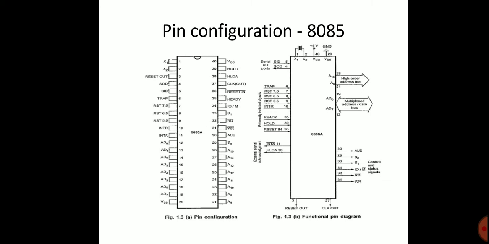Tri-states the data bus, address bus and control buses. Affects the content of the processor's internal registers randomly. And the reset out signal, an active high signal, indicates the processor is being reset. This signal is synchronized to the processor clock and it can be used to reset the other devices connected in the system.